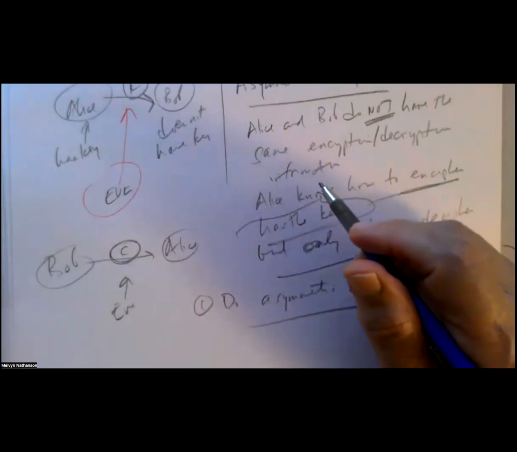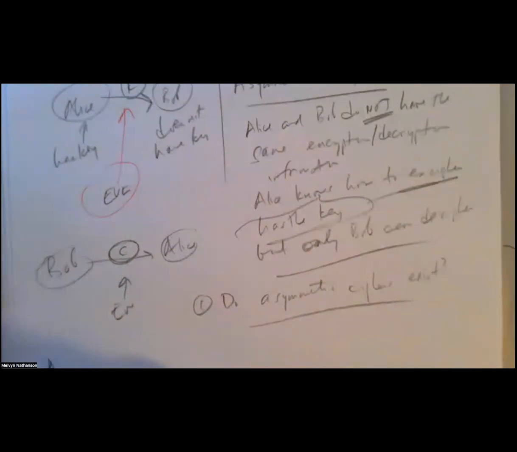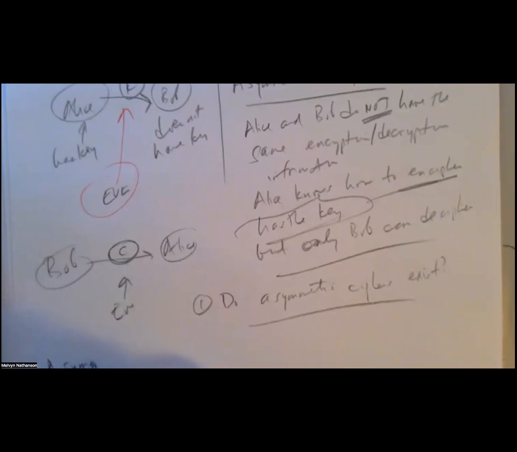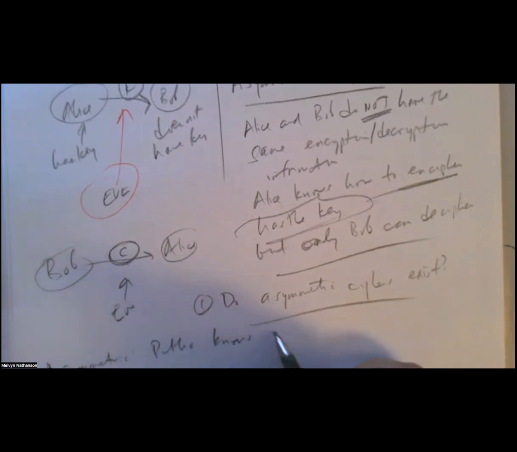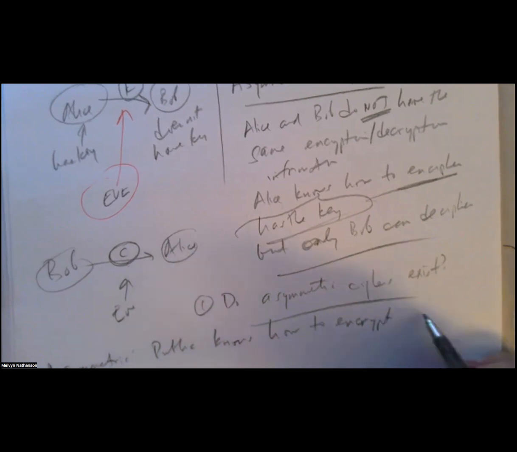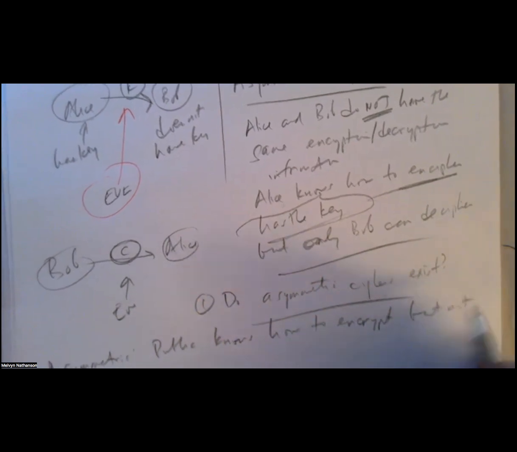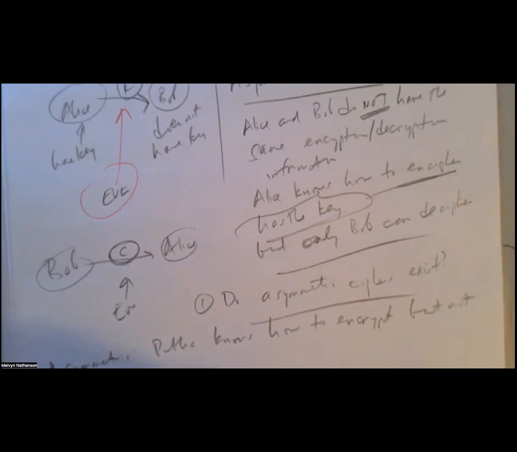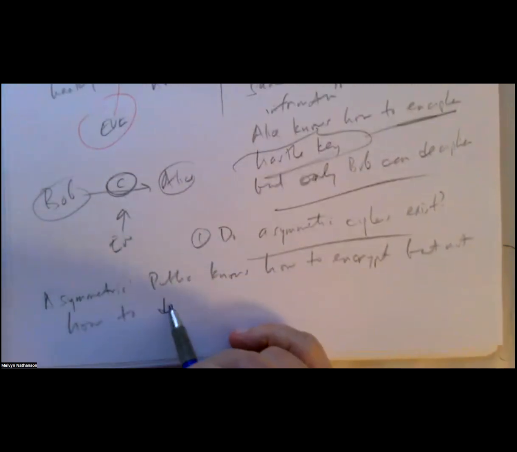So in an asymmetric cipher, everyone, the public, knows how to encrypt, but not how to decrypt.